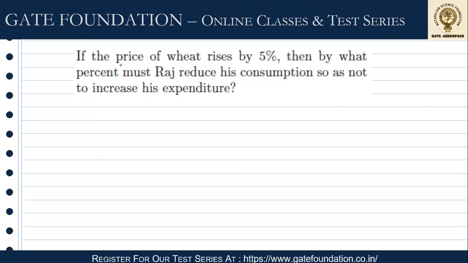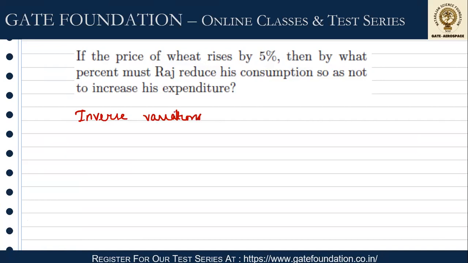Okay, so if the price of wheat rises by 5%, then we have to reduce the consumption. This goes for inverse proportion. We talked about proportion, we have direct variations or inverse variations. This is related to inverse variation.